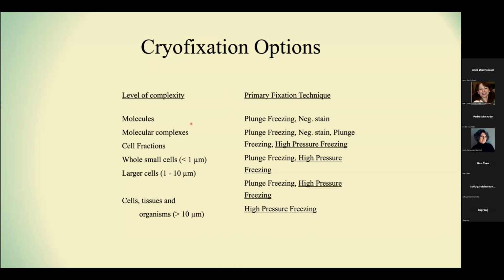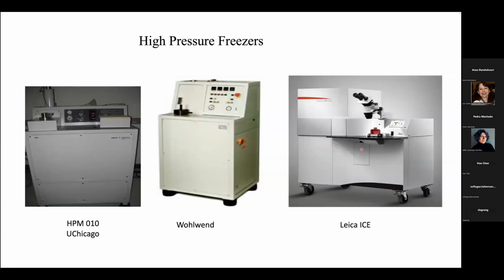Plunge freezing and the jet freezing methods, even the slammer freezing methods, have a thickness limit of about 40 to 50 microns. That's because you can't remove heat fast enough from the sample to prevent ice crystal formation. And so that's where we go to high pressure freezing as a technique.